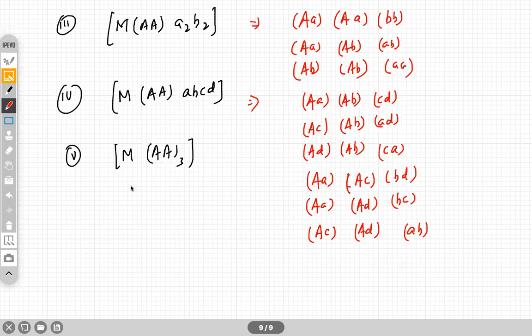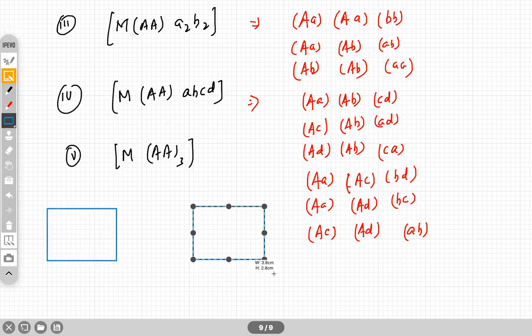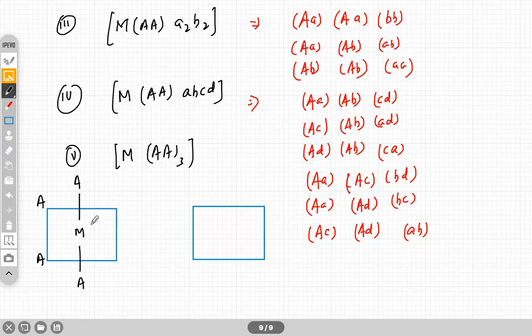AA3 type, I'll draw the structure for this one. Okay, then only you will understand how the structure is possible for this one. You see, we have a square bipyramidal. Metal is here. Then A, right?